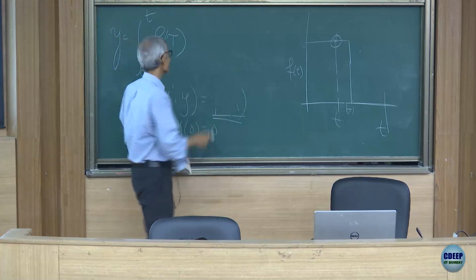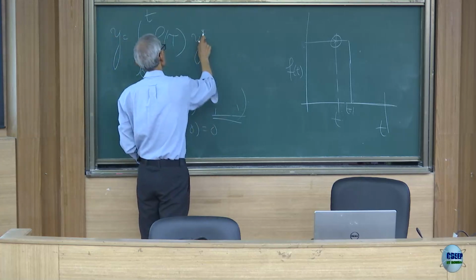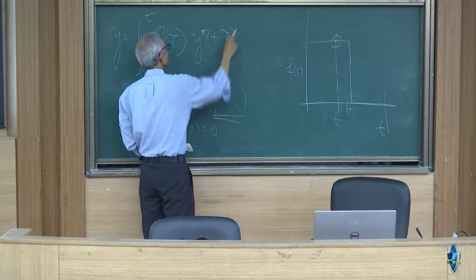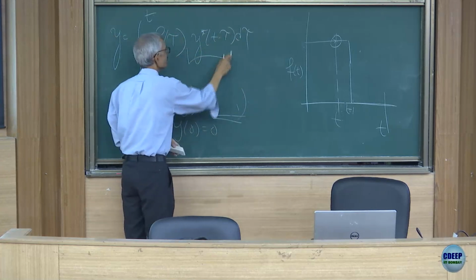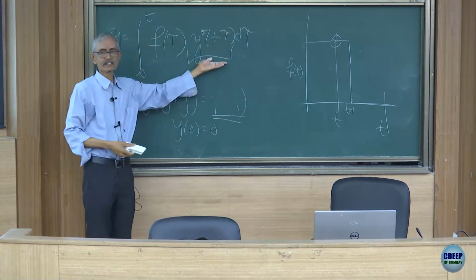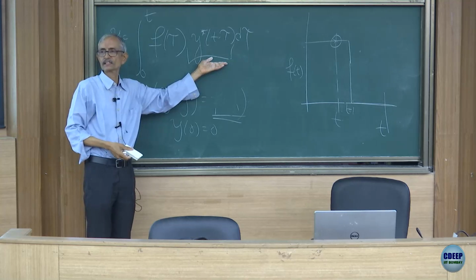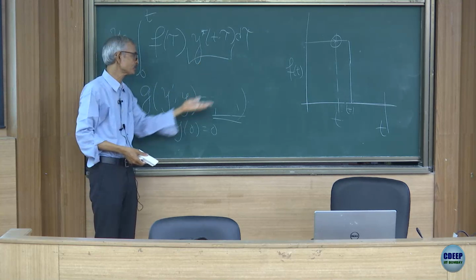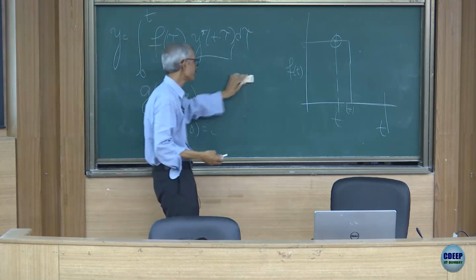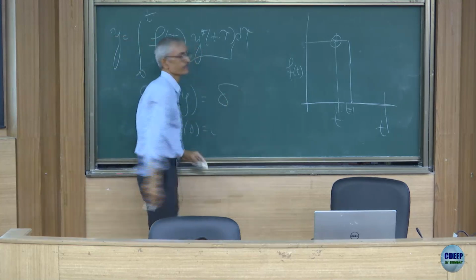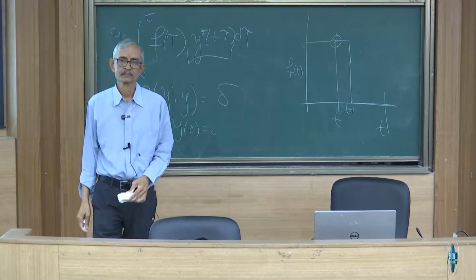Times y star. Times y star(t minus tau) d tau. And what is this y star? Y star is the solution to this equation when my right hand side is delta. Okay?